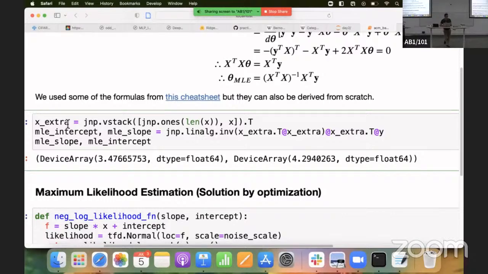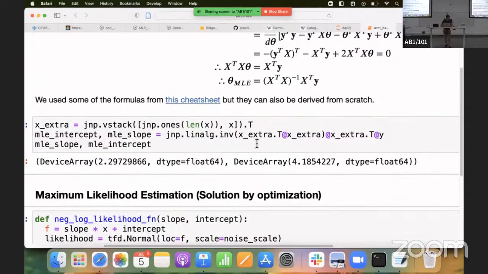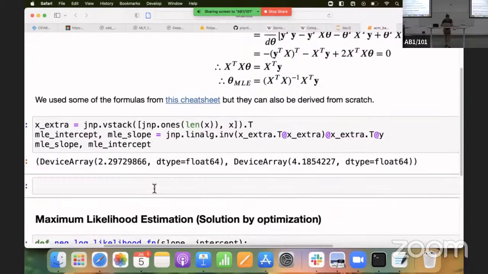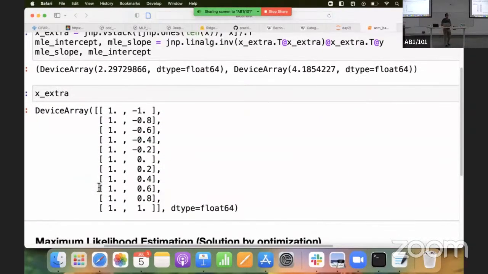Firstly, given an X, if you remember, I just added a column of ones to X. So X extra becomes a matrix with n rows, which correspond to n number of samples, and 2 columns here.